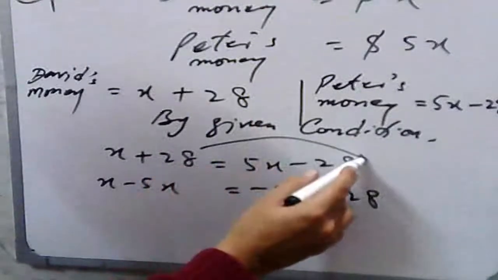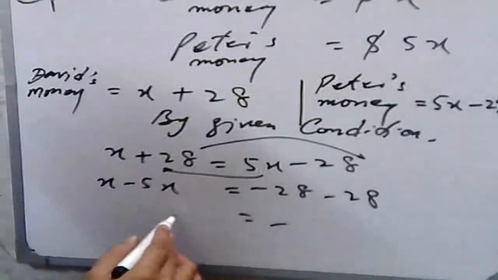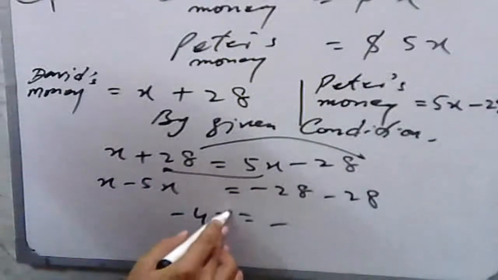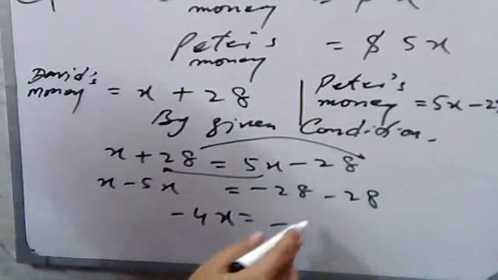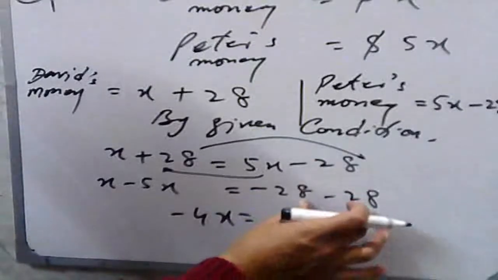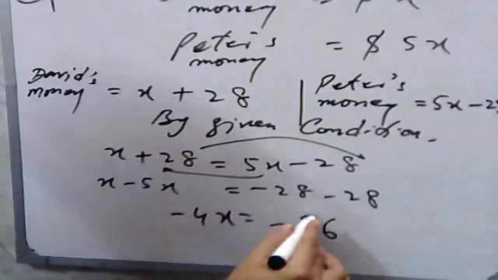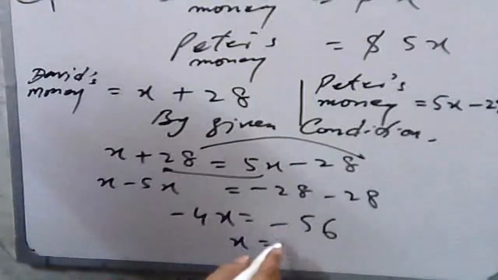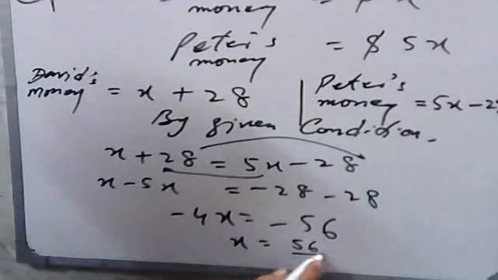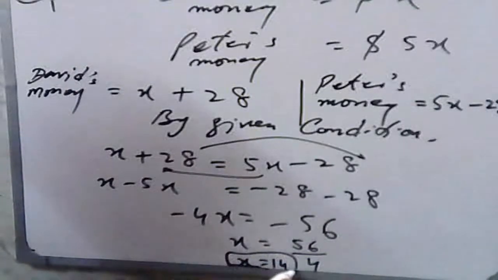So you will get minus 4x equals minus 56. The minus signs cancel, so the value of x is 56 divided by 4. So the value of x is 14.